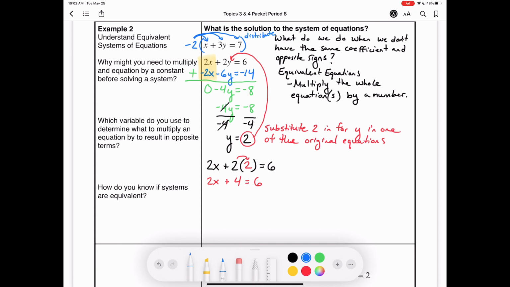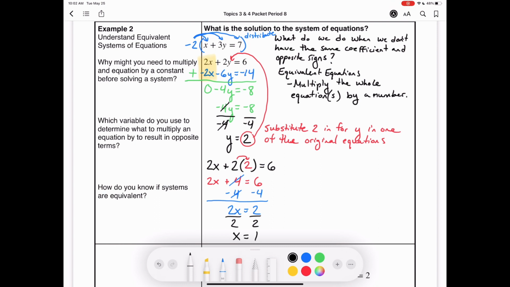And I'm going to use the inverse operation of subtraction. So I'm going to subtract 4 from each side. And I'm going to get 2x equals 6 minus 4, which is 2. Now again, 2x is equal to 2 times x, so I'm going to divide both sides by 2. And x equals 1.